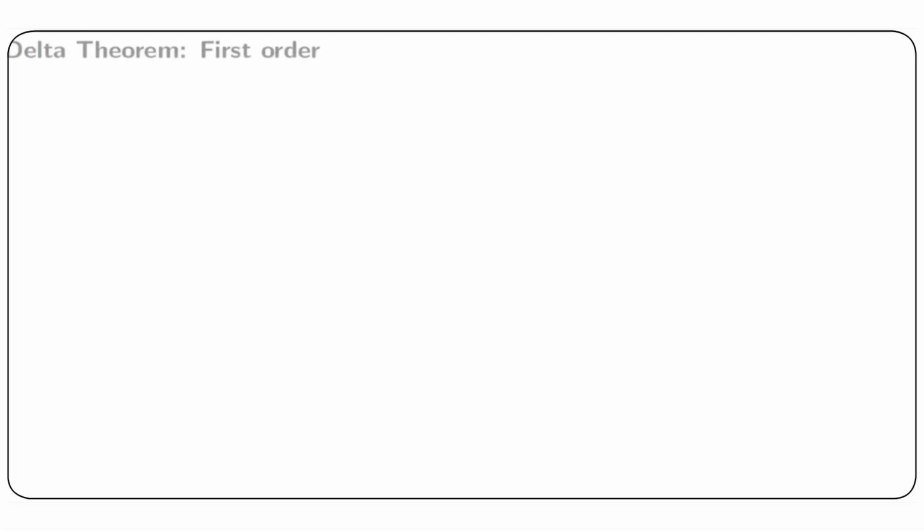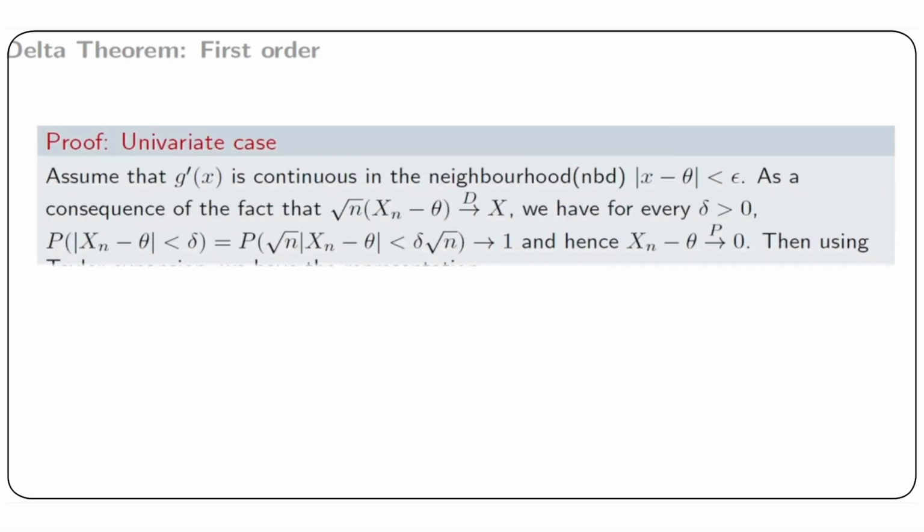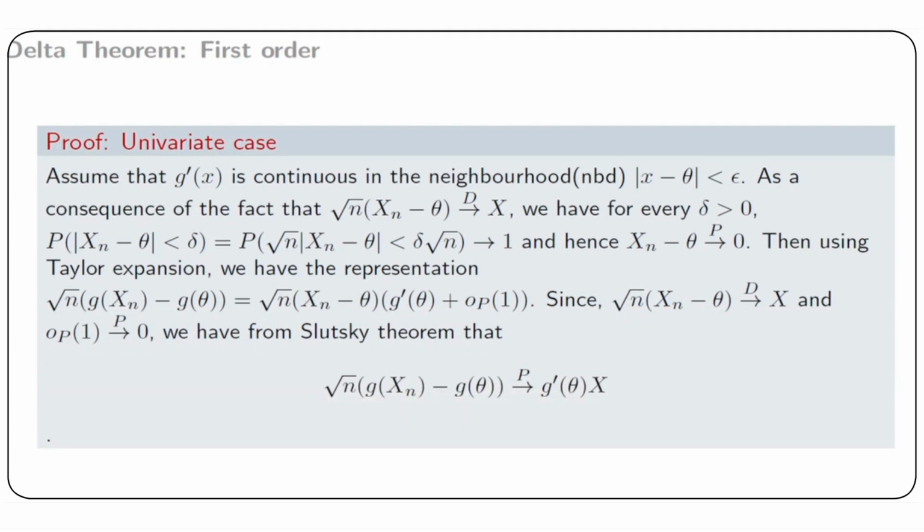Let us discuss the proof of this delta theorem. Assume that g'(x) is continuous in the epsilon neighborhood of theta.